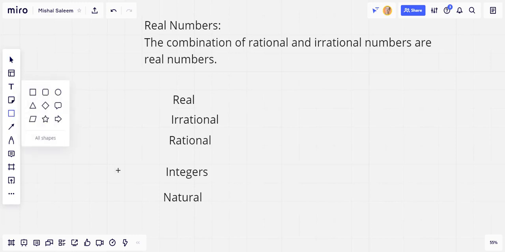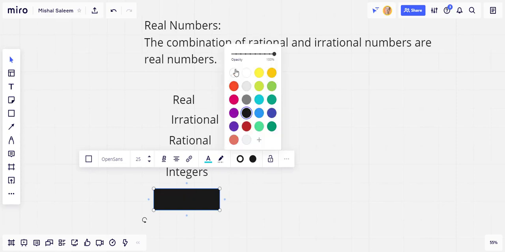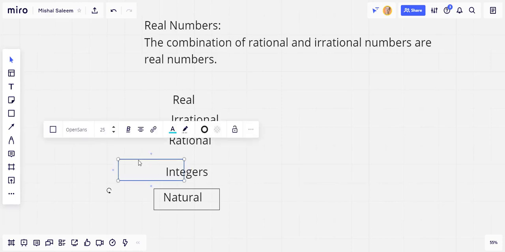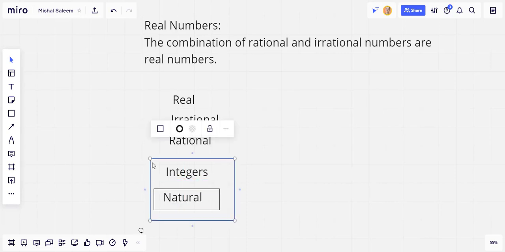So now let's put them in boxes. The integers category is bigger.